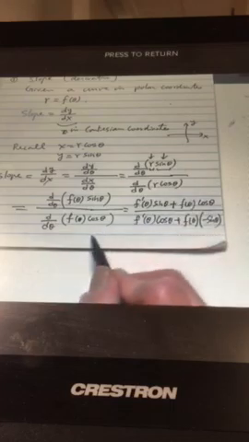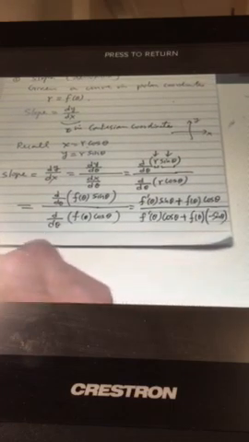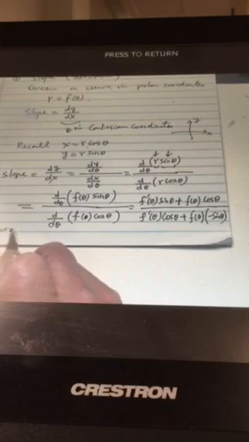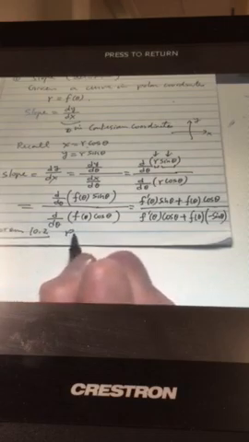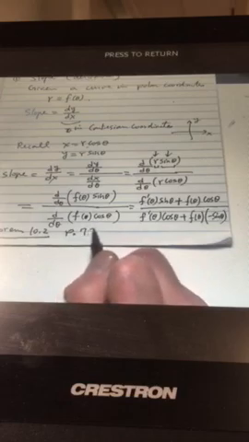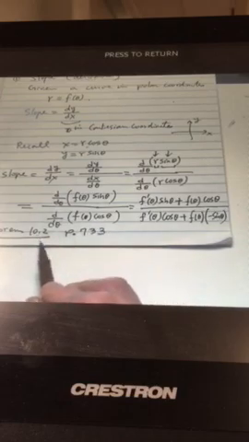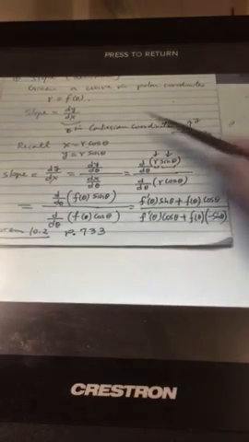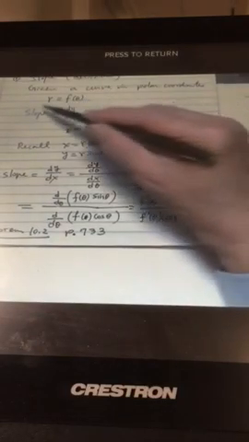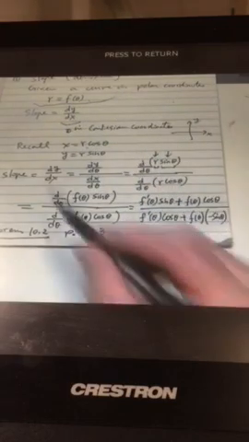This formula is Theorem 10.2 on page 733. This formula, the slope is equal to this, when the curve is given by this.